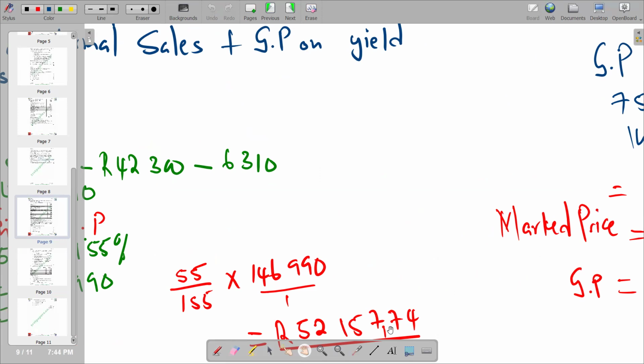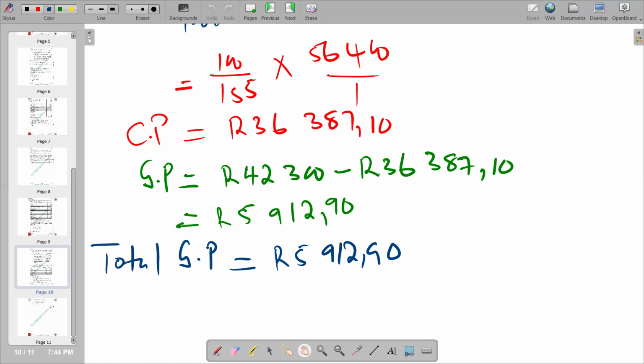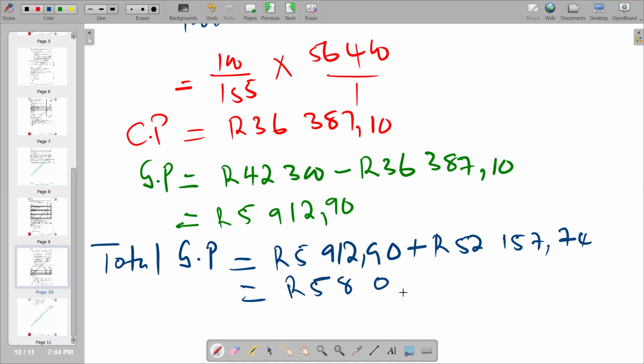So we have that figure here. You add the two, and you are supposed to get your total gross profit as 58,070 rands 64 cents.